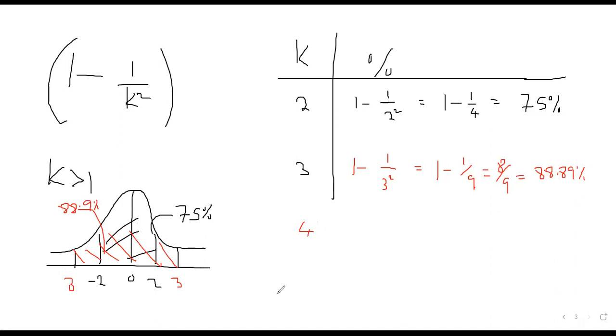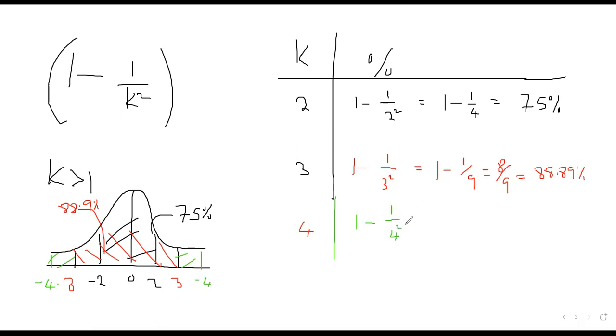How about if we had 4 standard deviations? We just need to know this formula. Most people don't understand this because they lack knowledge. Meaning this area here, including what we already have, we're simply going to have 1 minus 1 over, our k is 4.